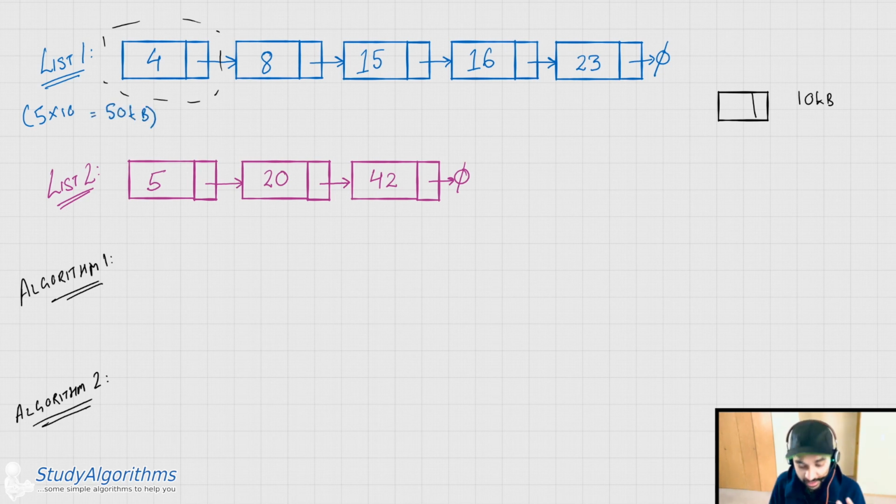And list 2 has 3 nodes, so the total space taken by list 2 would be 3 into 10 equals 30 KB. The first list has a size of 5 and the second list has a size of 3. When you would be merging these two lists, you know that the size of the resultant list would be 8. So, one way to solve this problem would be I can create a new list that has a size of 8.